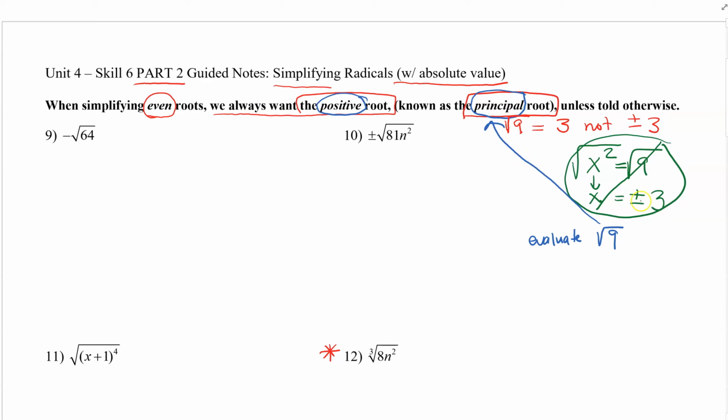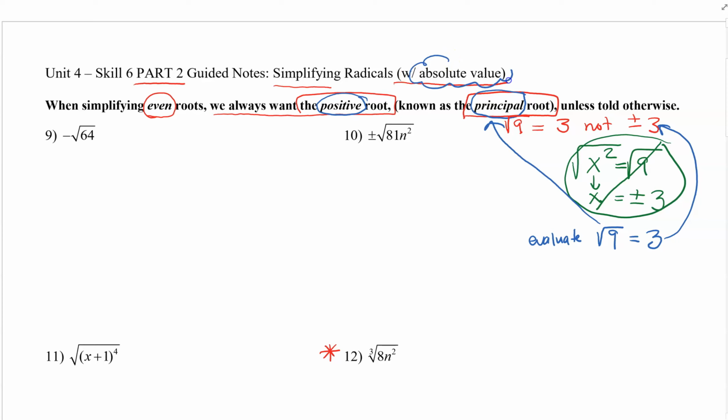Even though we know that negative 3 times negative 3 is 9, when we see a symbol like this that does not have a plus or minus in front, we understand it to only equal the positive root, not the positive or negative root. So the function that we use to make sure that everything stays positive is absolute value, right?